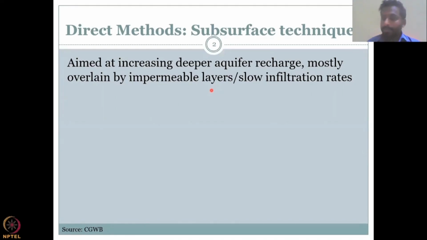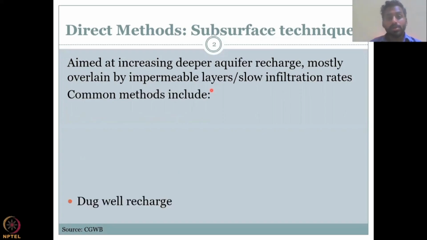Whereas here, the aim is to increase the deep aquifer recharge. In the previous one, the shallow aquifer was recharging because surface runoff goes in, slowly infiltration happens. Here it is more percolation and those kinds of things, okay? And it is targeted at locations where the infiltration rate is very low.